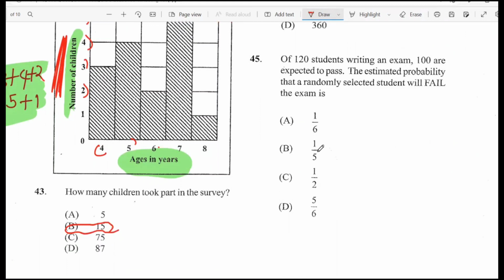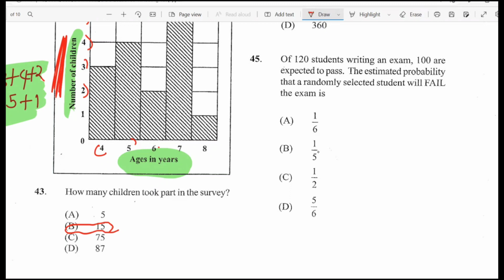Of 120 students writing an examination or exam, 100 are expected to pass. The estimated probability that a randomly selected student will fail the exam is what? Now, we could look at this in more than one way, but let us look at it the quickest way.